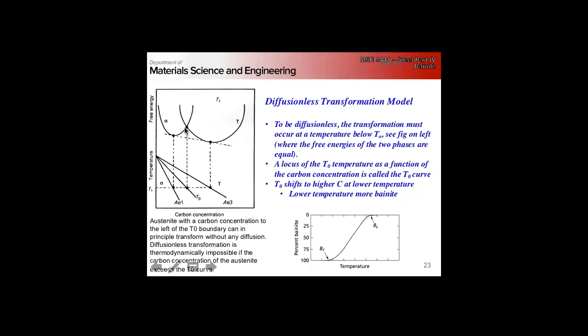Whereas if we're slightly to the left of T0, we can lower our free energy by going from austenite to ferrite without partitioning. But if we're to the right of it, we raise our free energy locally without partitioning. So we need diffusion for it to happen if we're to the right of it. Okay? So what does that mean?